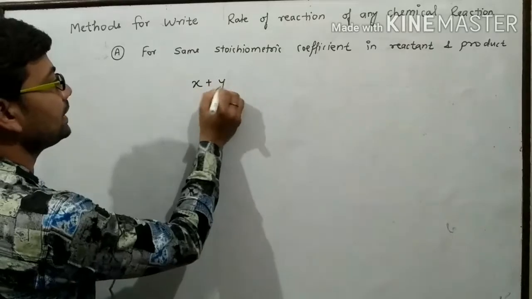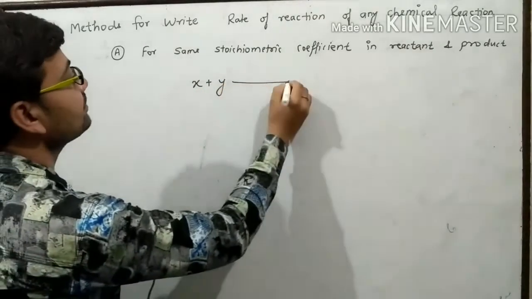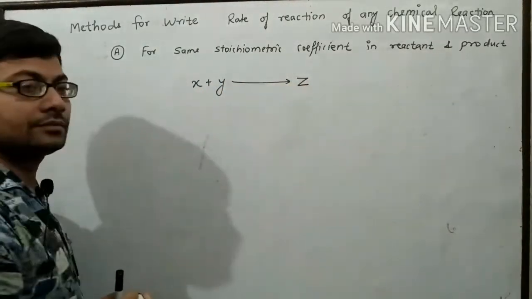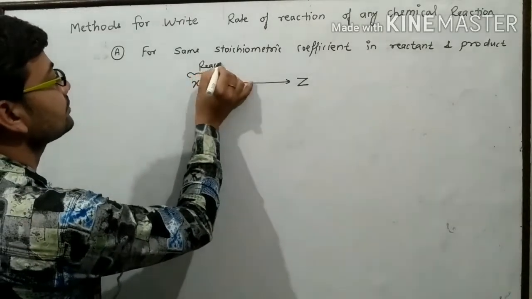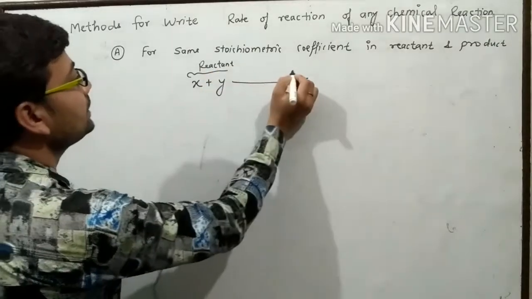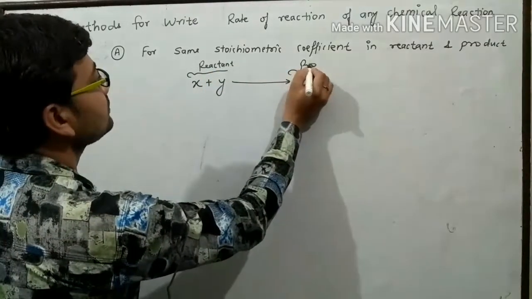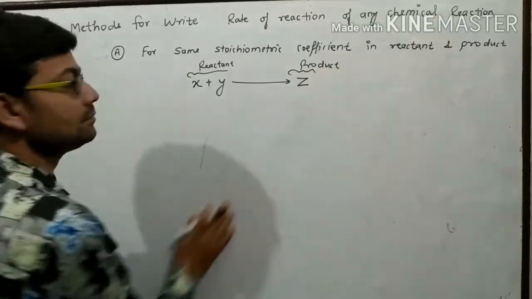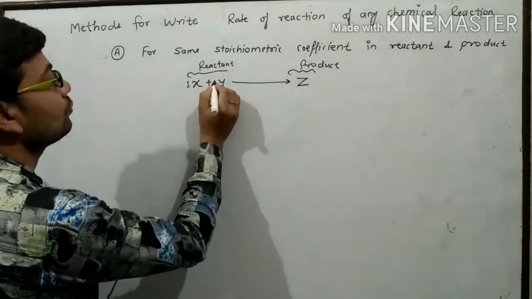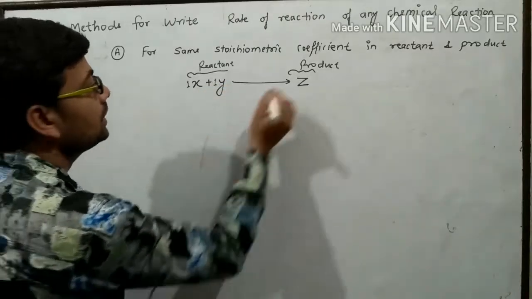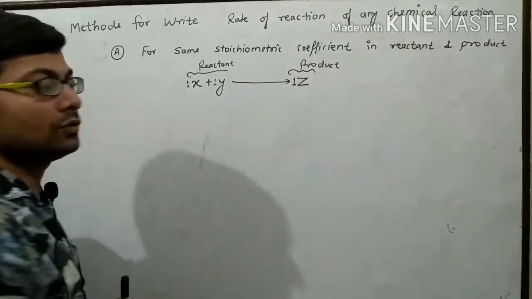X plus Y gives out Z. This is the reactant and this is the product. Here X has 1 mole, Y also has 1 mole and Z also has 1 mole.